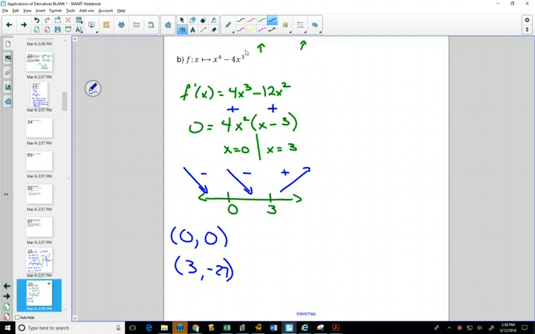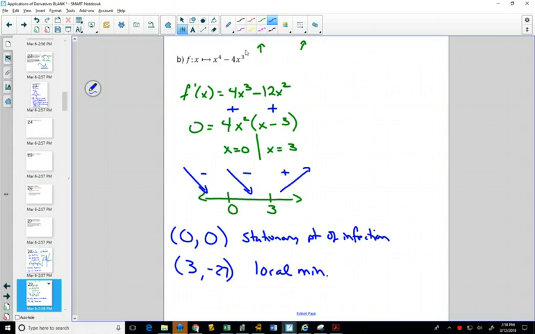This one is going to be a stationary point of inflection, and this one is going to be a local minimum. Might be an absolute minimum, we'll see.